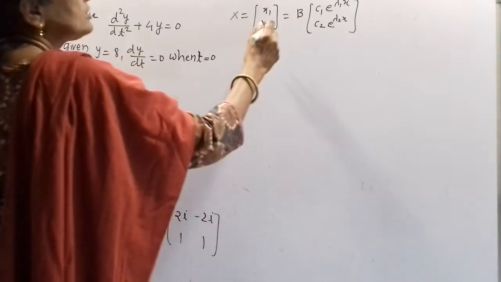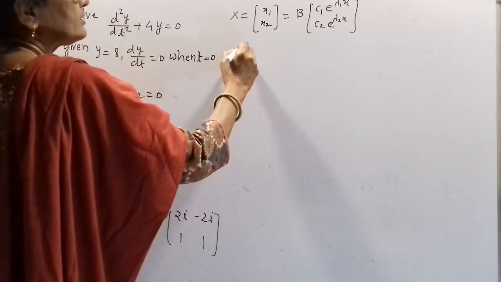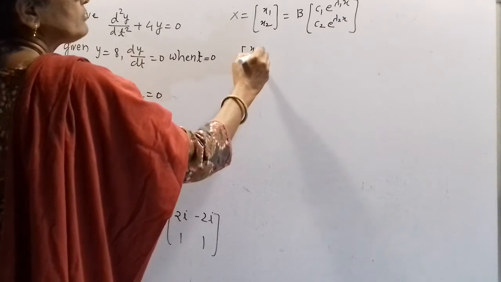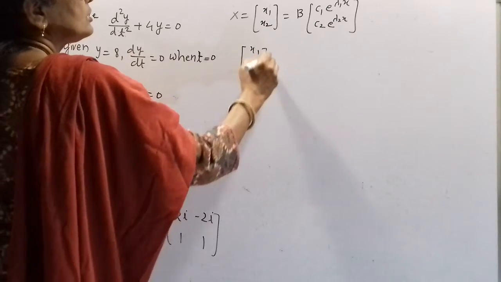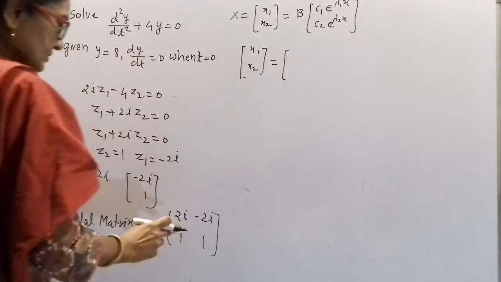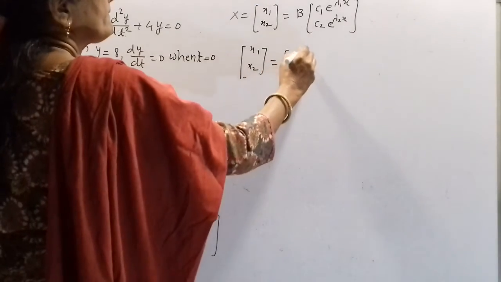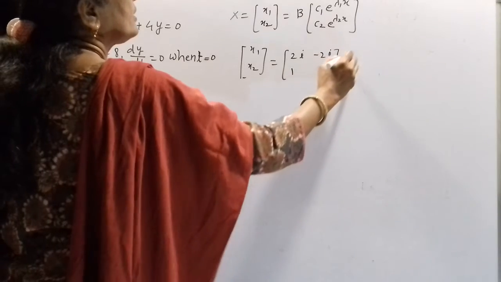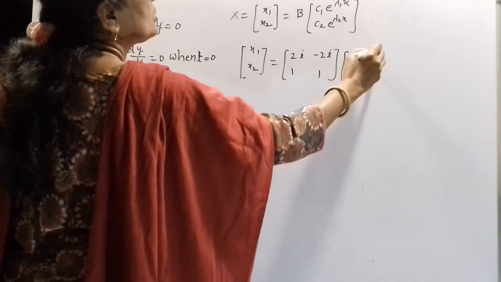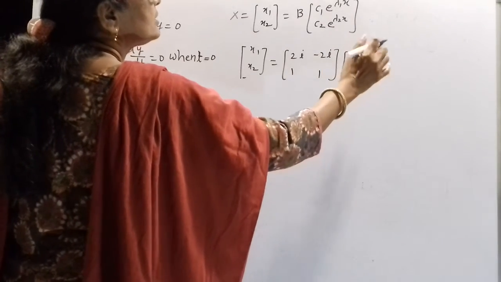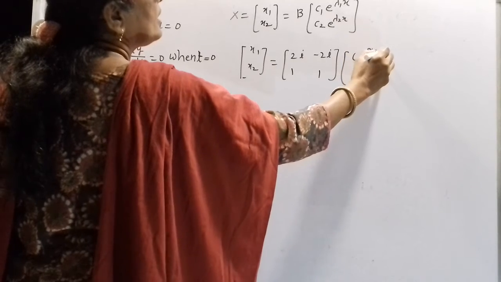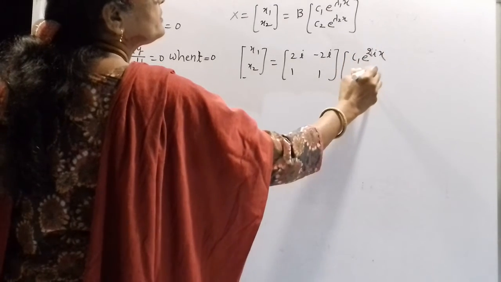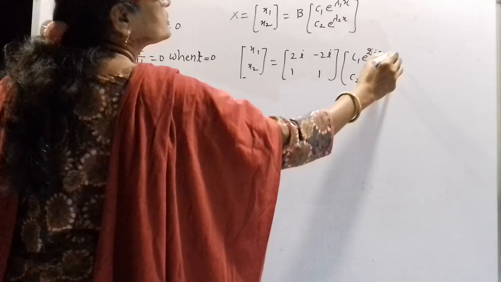This is the solution, so we have to put the value of B here. So we get x1 x2 is equal to the matrix B with columns 2i, 1 and minus 2i, 1, times c1 e to the power of lambda 1 x, where lambda 1 is 2i, and c2 e to the power of minus 2i x.